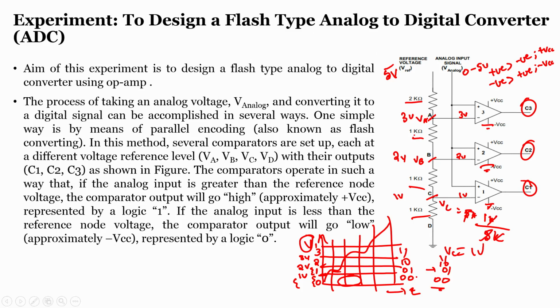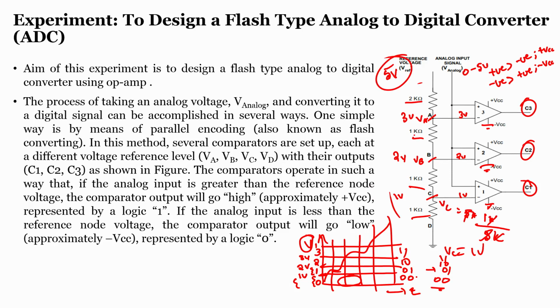So it depends upon what resistors you are choosing here, and what reference value you are choosing here. The precision or the resolution of the reference levels depends completely upon how many bits you are using and what reference value you are using, right.